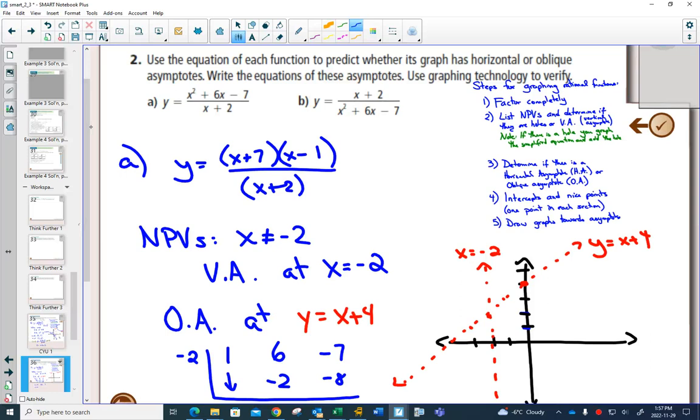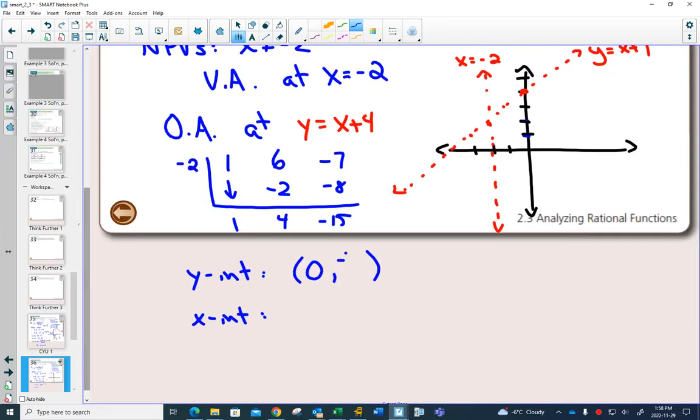Can you see that the top would just be -7? The bottom would be +2. -7 over 2 is our y-intercept. Which is -3.5. There is our y-intercept.